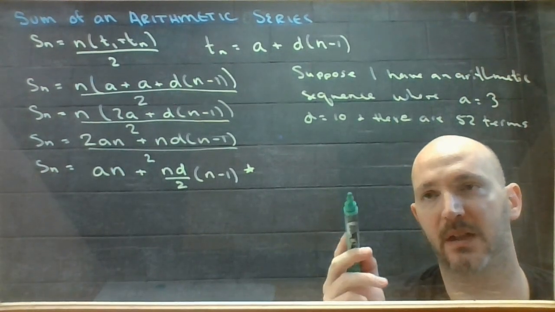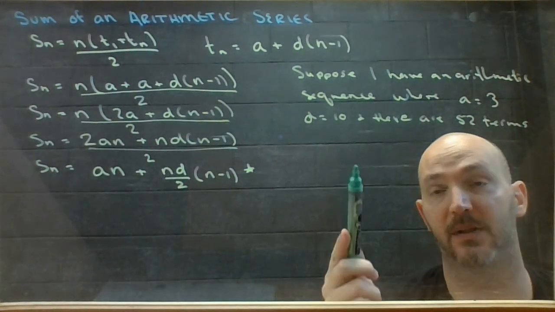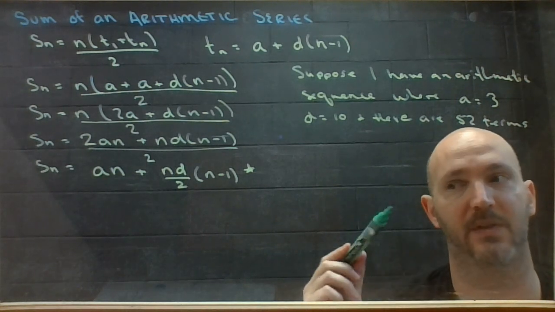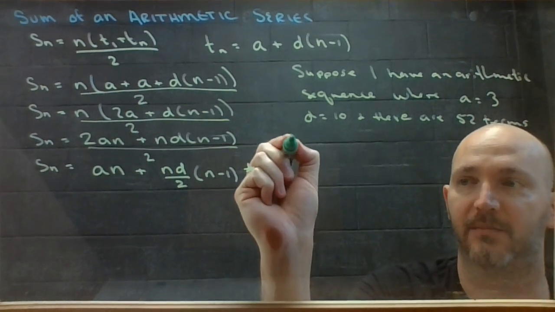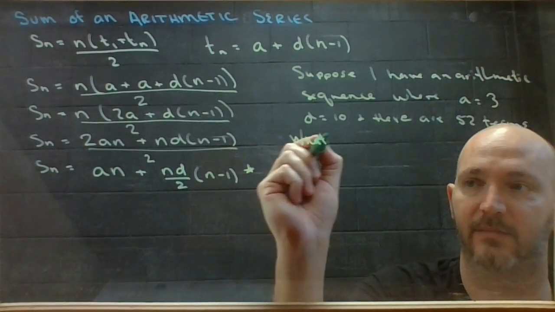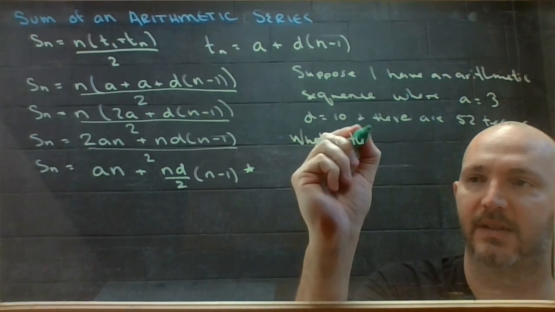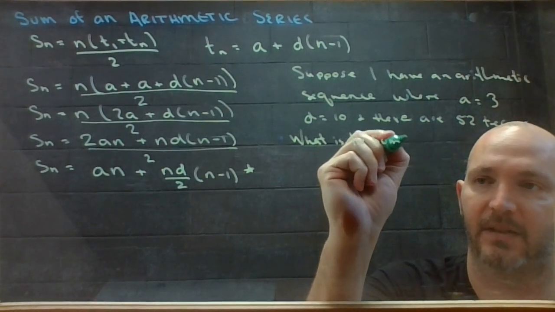So that would be 3 plus 13 plus 23 plus 33, etc. for 52 terms. What's the sum of that sequence? Sorry, I misused that word there. What is the sum of that series?